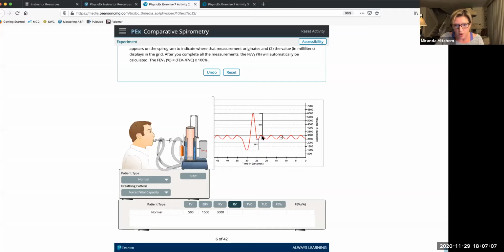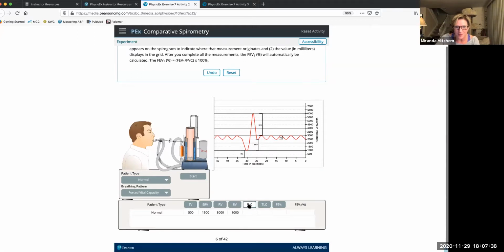They do not know where to begin on the other side of the tidal volume. So again, our inspiratory reserve begins at the top of our tidal volume because it is looking at that additional volume, that additional airspace that is created with a deep inspiration. So it doesn't make sense to start it at the bottom because that would have the tidal volume and then a big breath in.